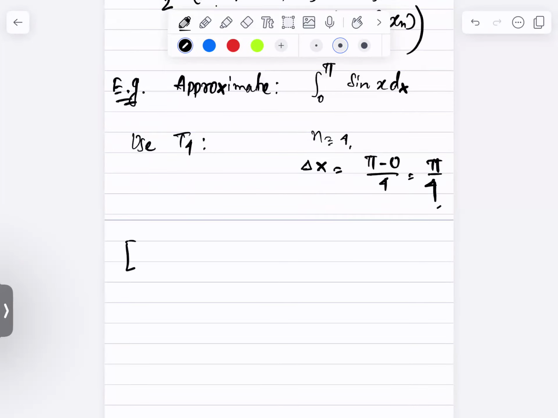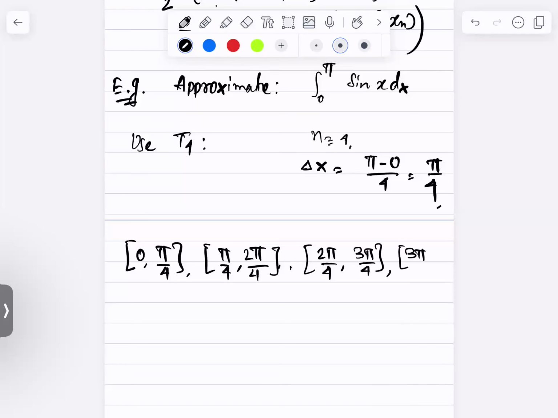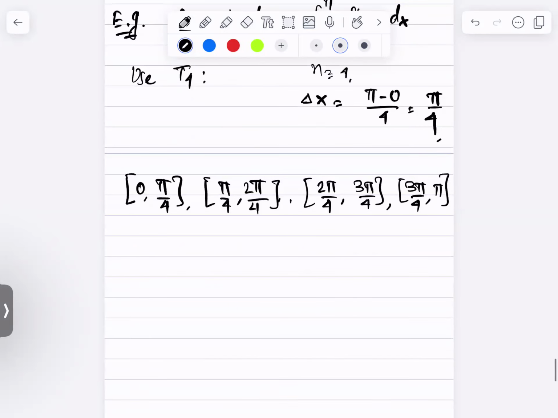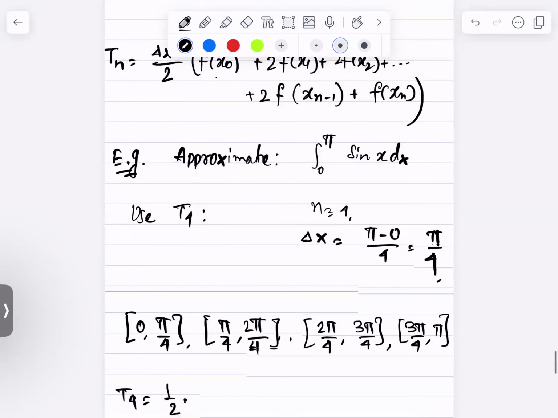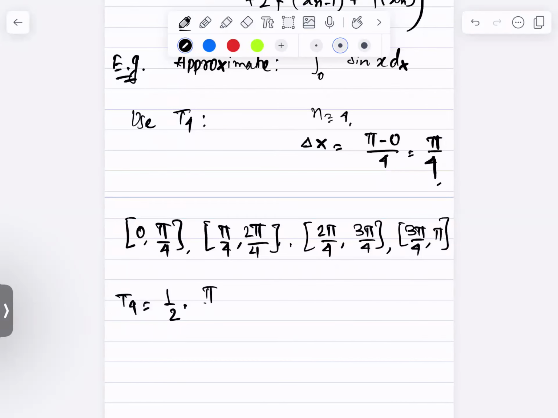So my subintervals should start from 0, go till pi over 4, then pi over 4 to 2 pi over 4, then 2 pi over 4 to 3 pi over 4, and then the last 3 pi over 4 to pi. Okay, 4 equal subintervals. Now, if I use T4, it says I have half times delta x, right? Delta x over 2. Delta x is pi over 4.